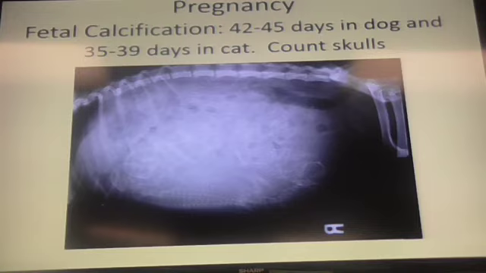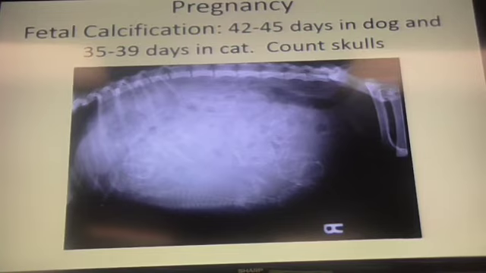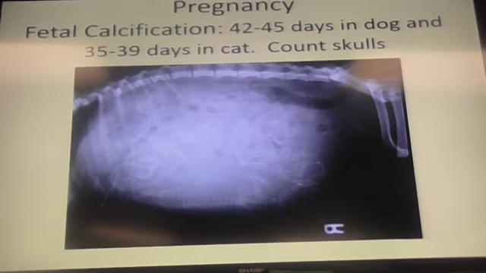Cardiac activity is pretty easy to see on ultrasound. It's beating. It's active. But if you're looking in the heart and there's nothing, silence, nothing.